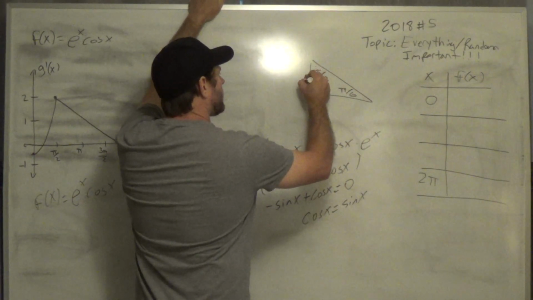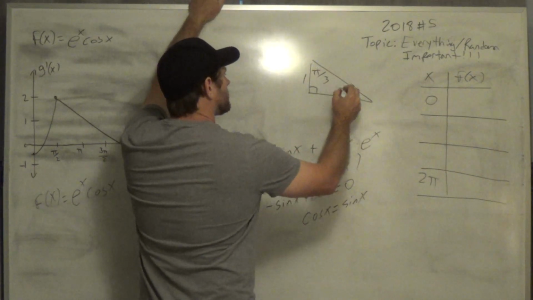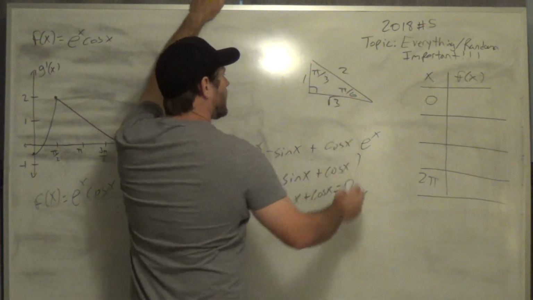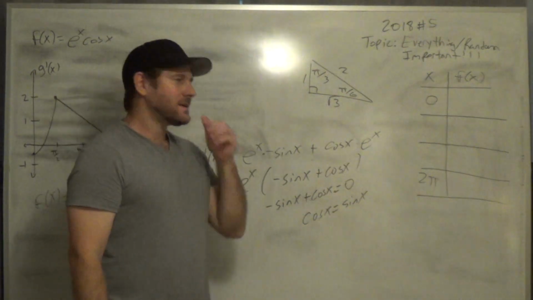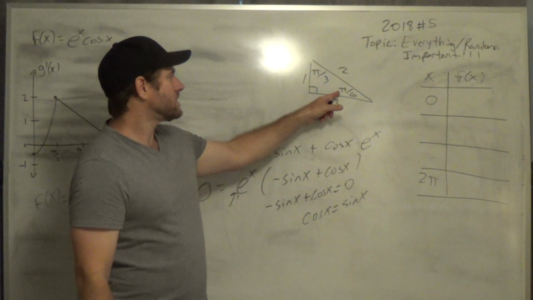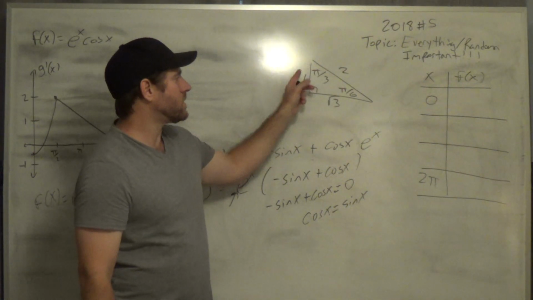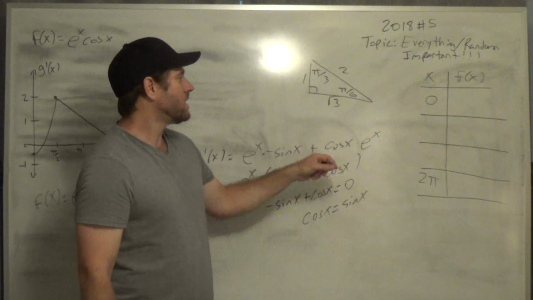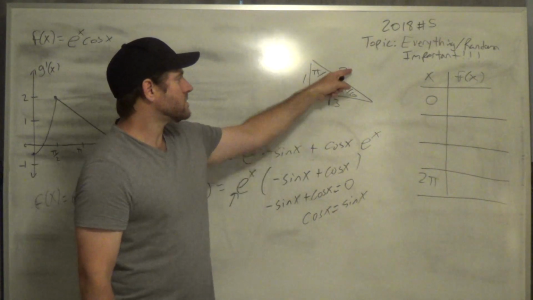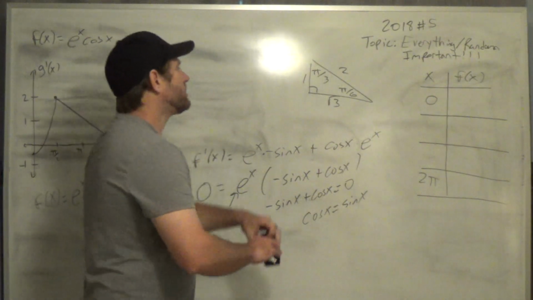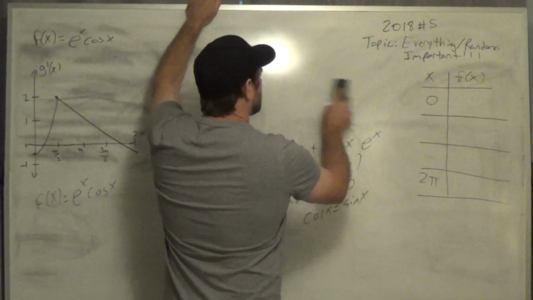Here's your pi over 6, pi over 3 triangle. Well, it's because sine is opposite over hypotenuse, like 1 over 2, and cosine is adjacent over hypotenuse. So 1 over 2 is not the same as square root of 3 over 2. Or over here, square root of 3 over 2 is not the same as 1 over 2. So it's not a pi over 3, pi over 6 triangle.